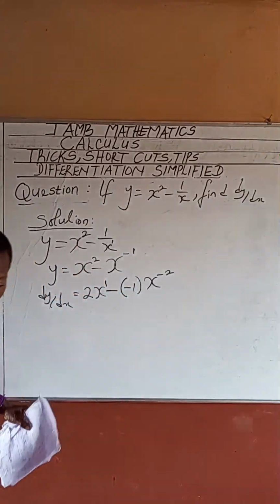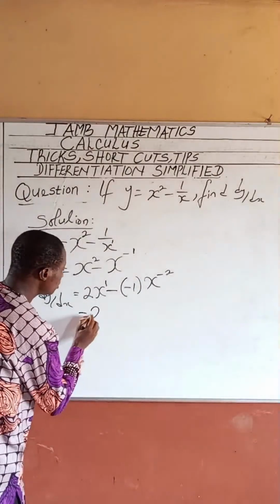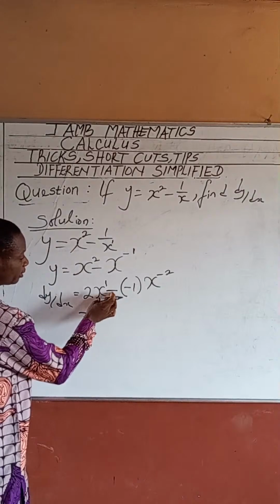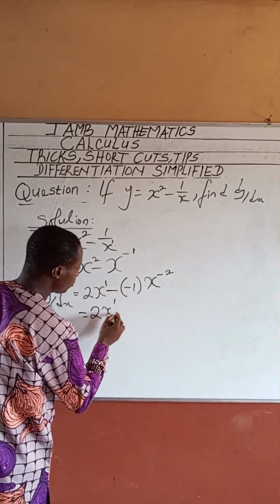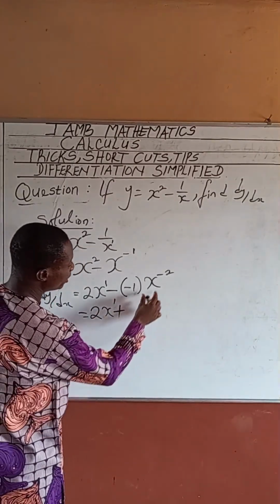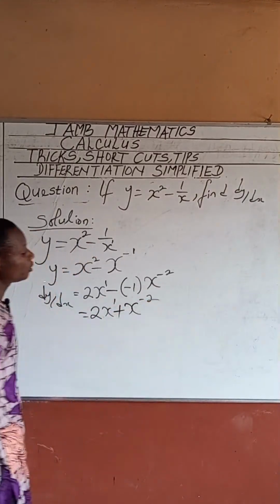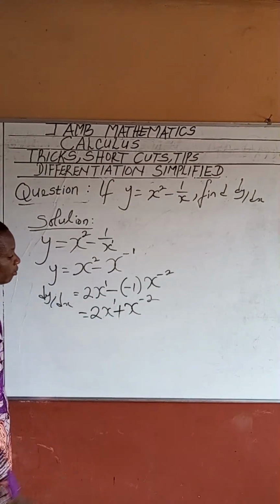And this one is going to be 2x, 2x. So these two will be plus. Then this is x, this for minus 2. Remember, it's minus times minus, that is plus here.